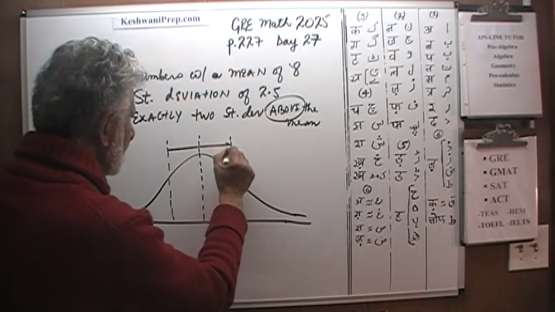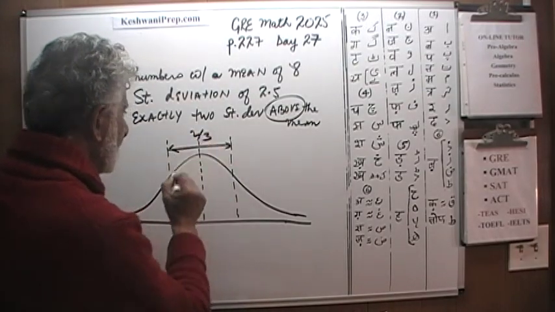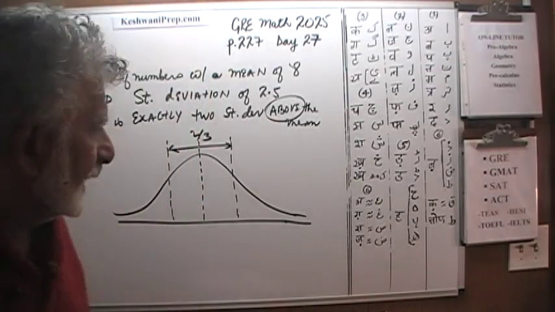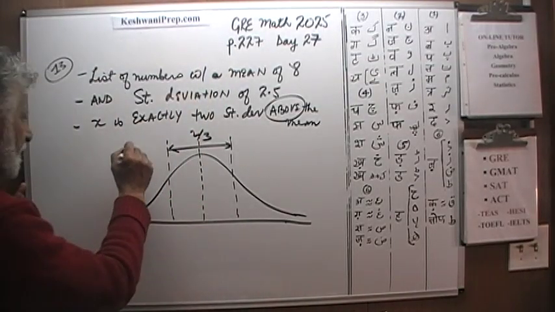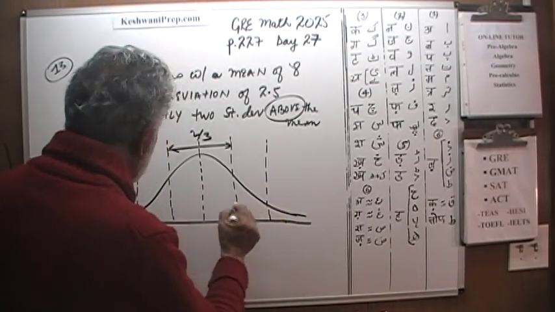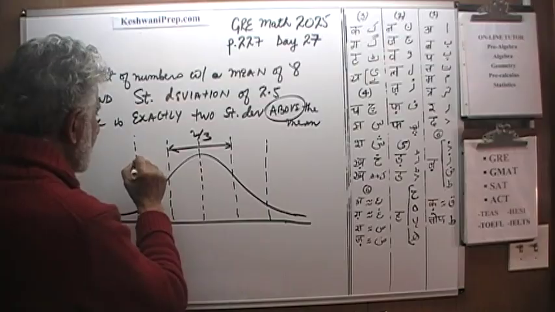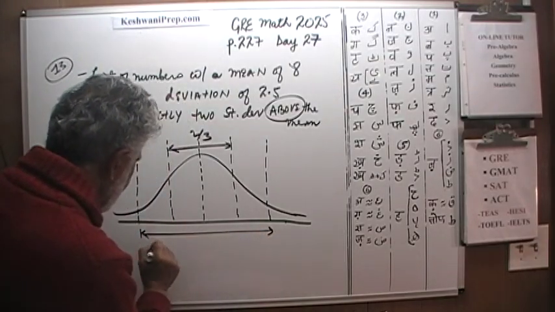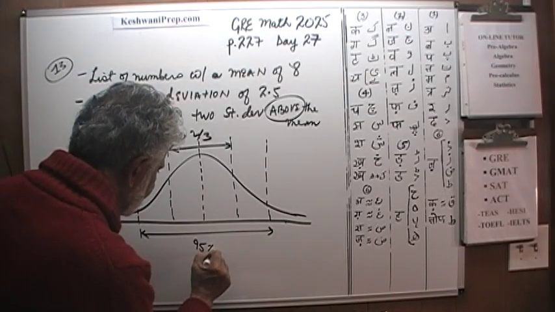First standard deviation, as we know, is going to capture about 2/3 of the observations, although we don't need any of that here. For this problem, we don't need to know that, but just so we are talking about it. By the time we get to the second standard deviation, we have captured from here to here. This essentially captures 95% of the observations.